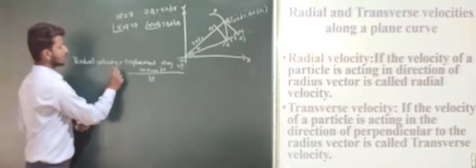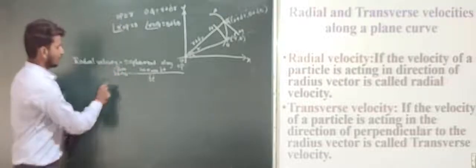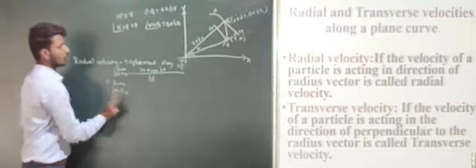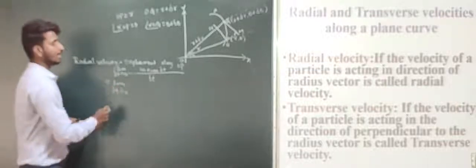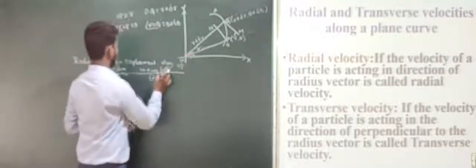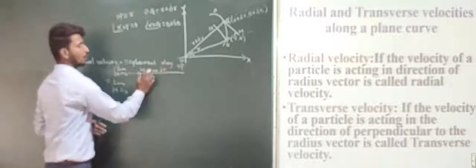Small change in time means we can apply the limit delta t tends to 0.